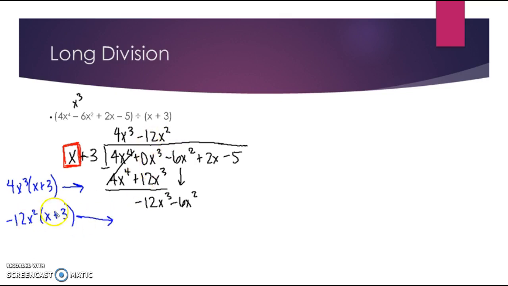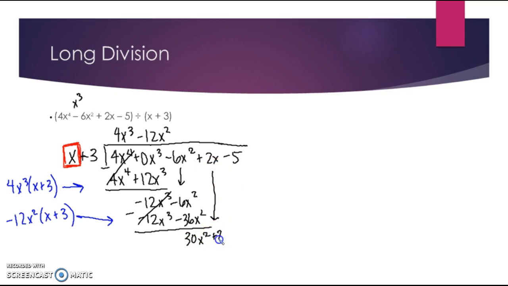So negative 12x squared times x is negative 12x cubed, and negative 12x squared times 3 is negative 36x squared. Let me subtract. The first one cancels. Now negative negative becomes plus, so negative 6 plus 36 is a positive 30x squared.